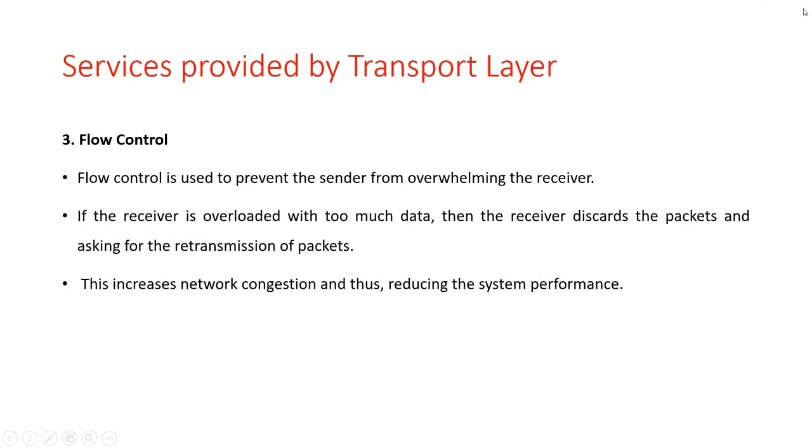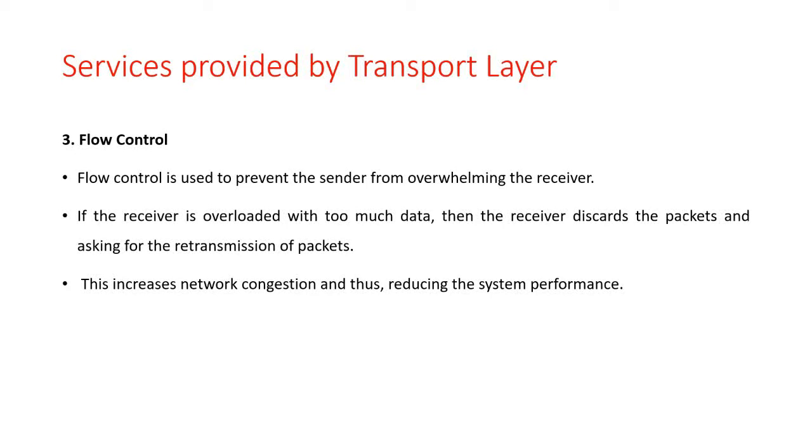So the receiver will send a message to the sender to retransmit the data or the packet. The receiver discards the packet and asks for retransmission of the packet. When we get a situation like being overloaded with too much data, this is called a flow control mechanism. This increases network congestion and reduces system performance.